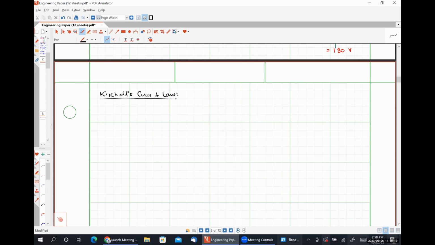All right, so there are actually several different ways that we are going to apply Kirchhoff's current law. They are all really the same thing, just looking at things from slightly different perspectives. So I'm going to draw a little something here that's going to help us figure out how to apply KCL.